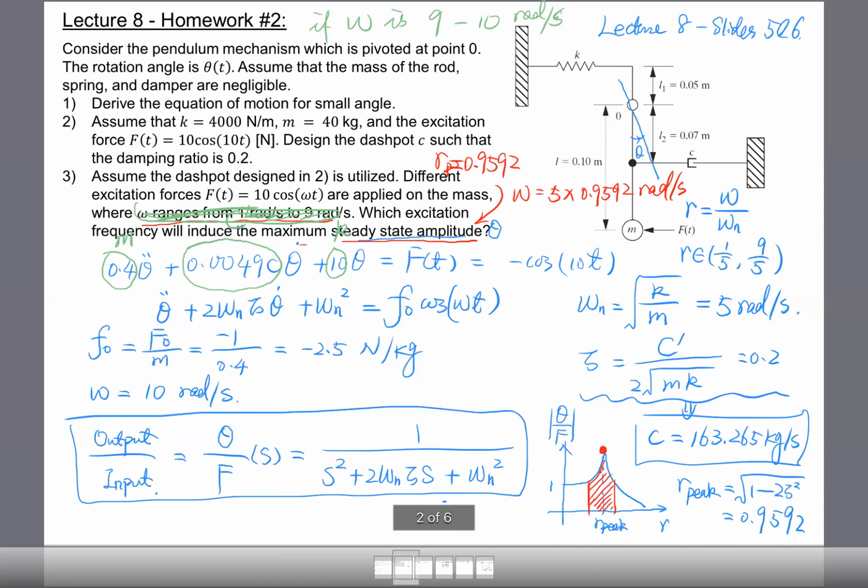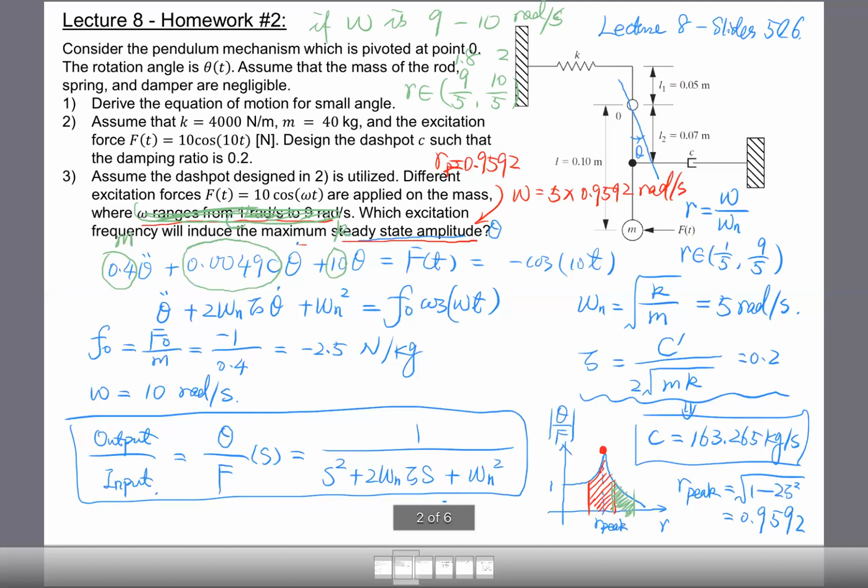So in this case, if it's 9 to 10, your R is actually from 9/5 to 10/5. So it's from 1.8 to 2. So 1.8 to 2 doesn't cover this R peak. It's actually bigger than this R peak. So in this plot, what you need to find is actually this range, right?